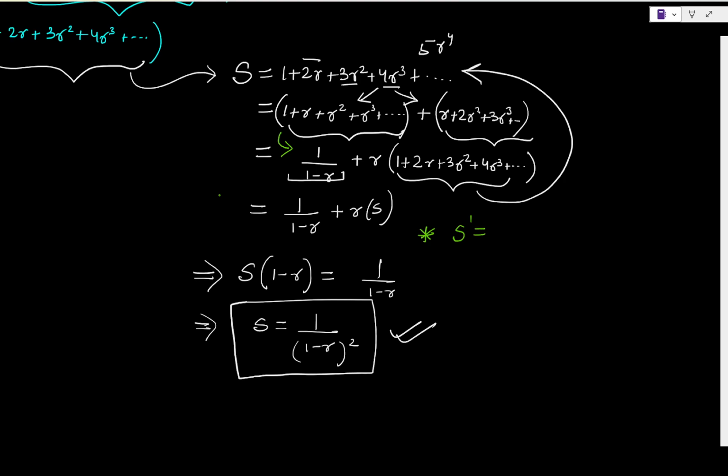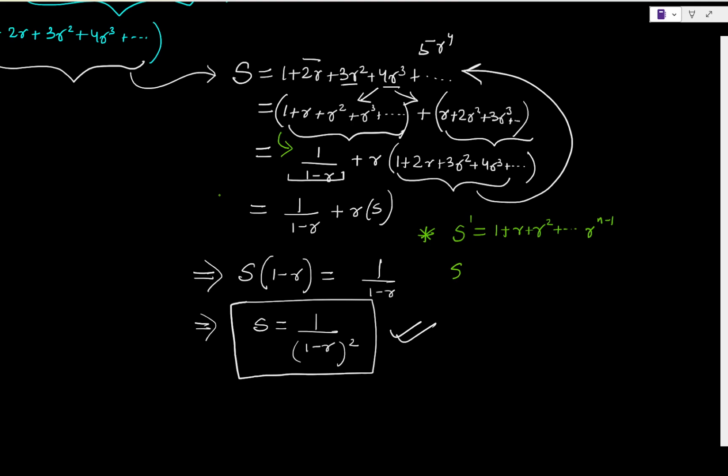Let's define S dash as 1 plus r plus r square plus up to, what can we do? Let's say we can derive for n terms maybe. Let's say we have till r to the power n minus 1. Let's say this is the first summation term that we have.